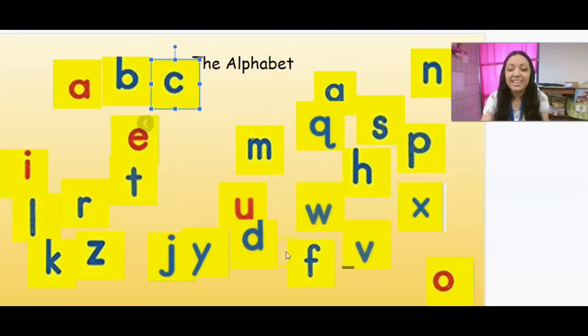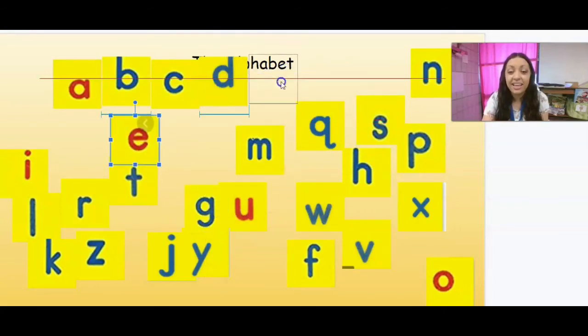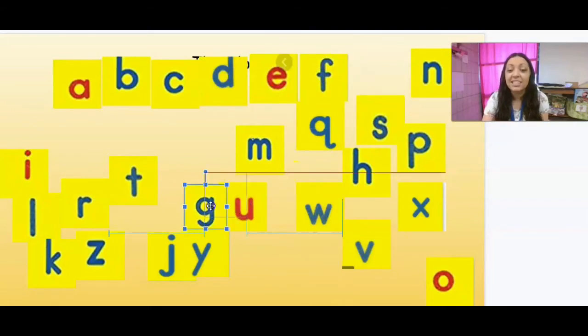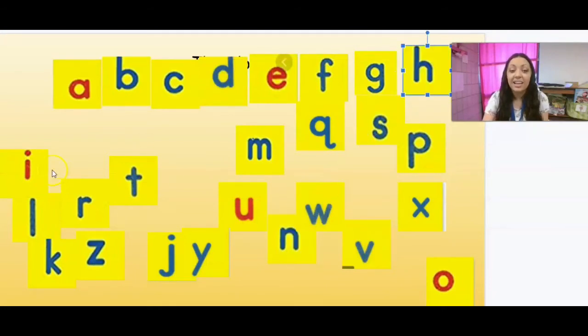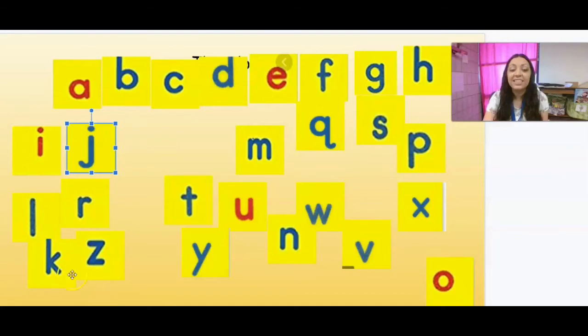Then D. Perfect. Then E. Good job. Then F. Awesome. And G. Good job. H. Then I. And J. Then what comes next?